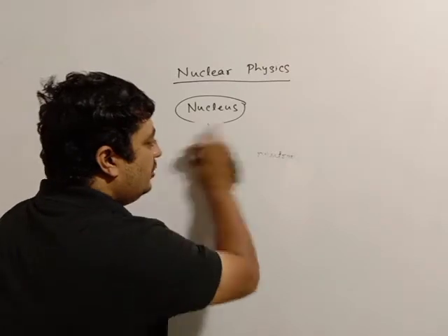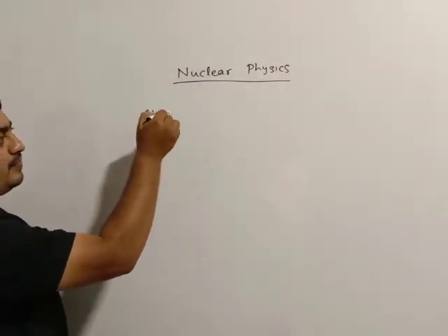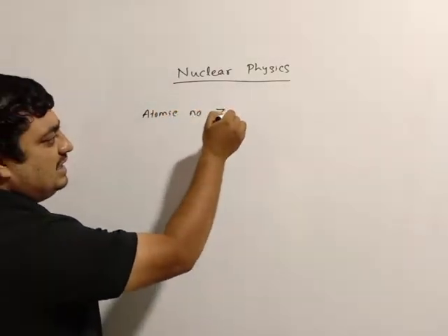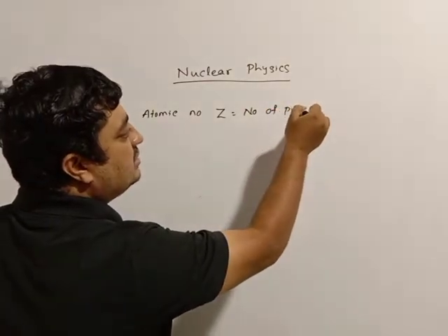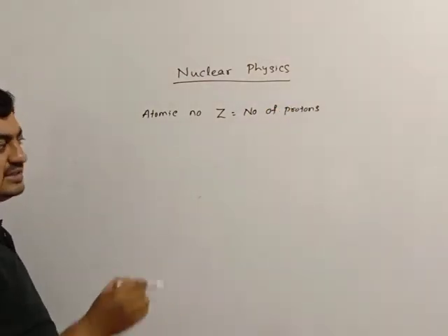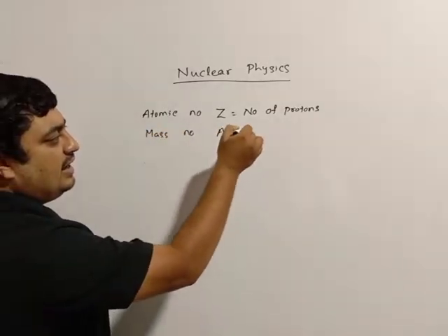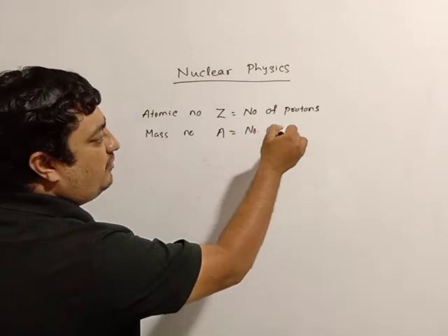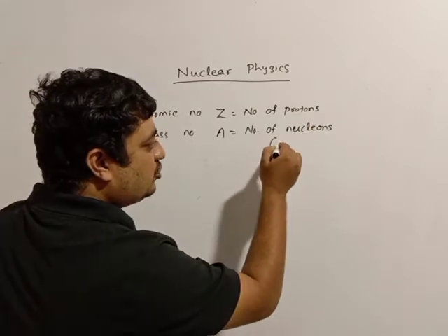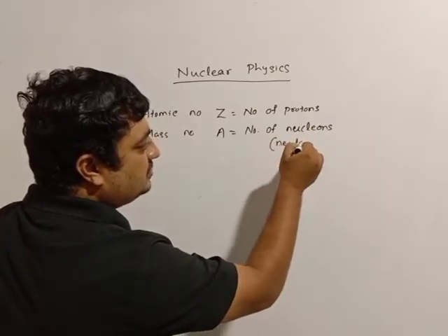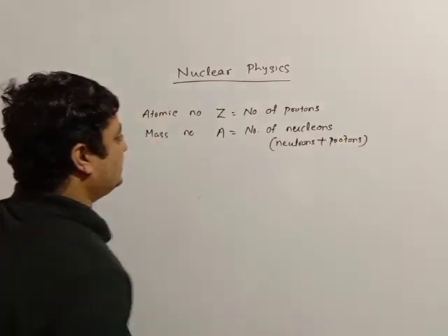So, next, atomic number. Z equal to the number of protons present in the nucleus. Mass number, A equal to the number of nucleons, that means the total number of neutrons and protons present in the nucleus.